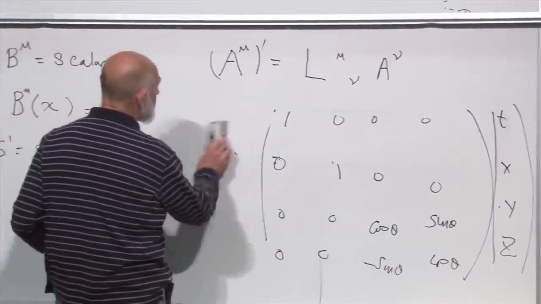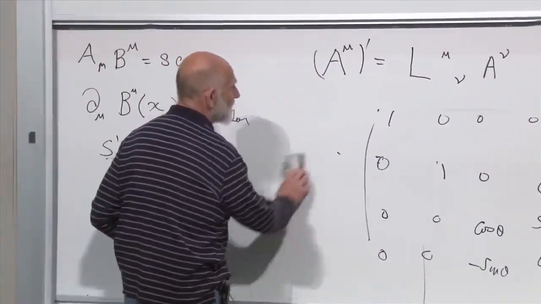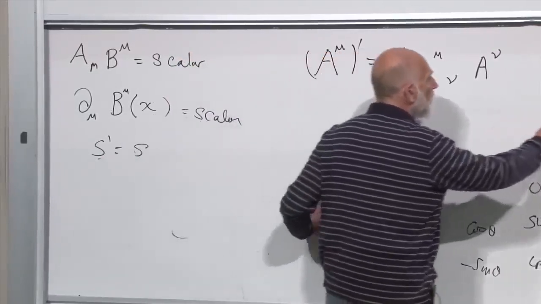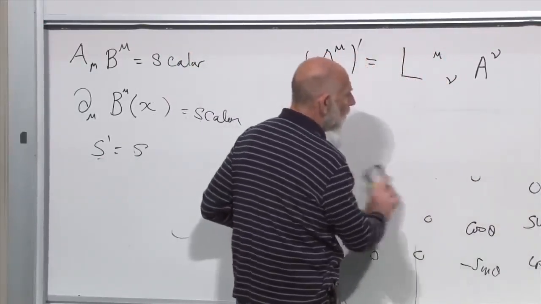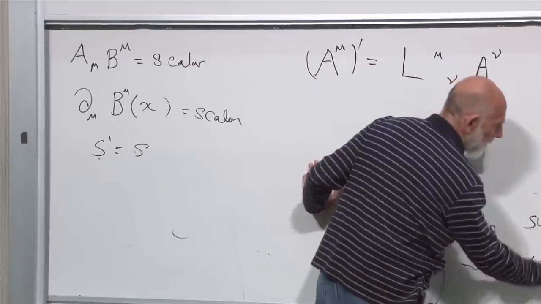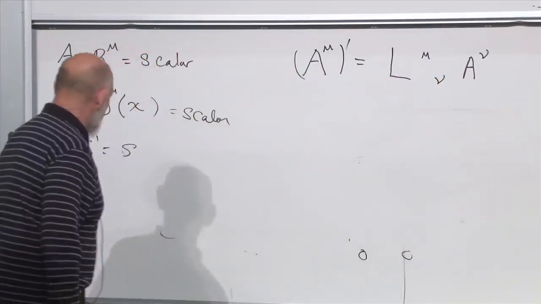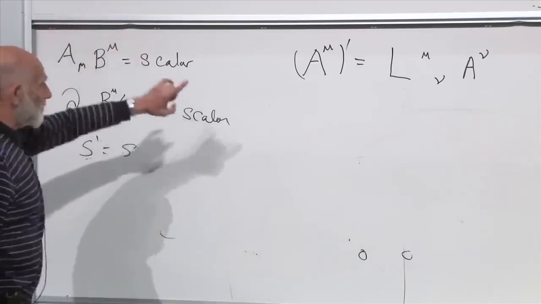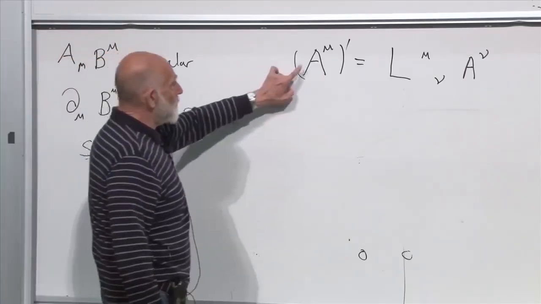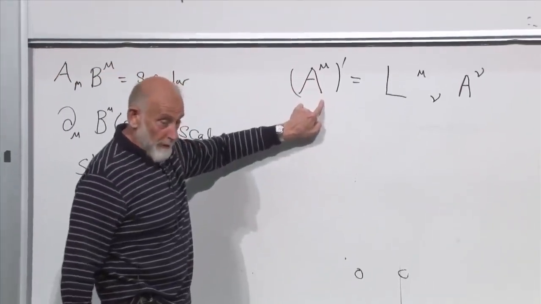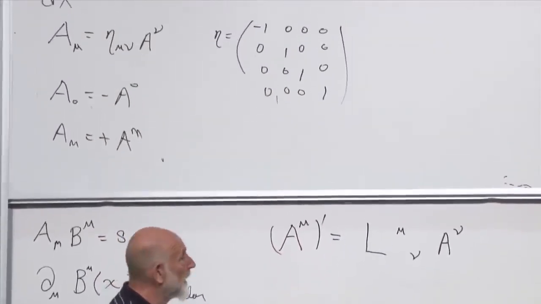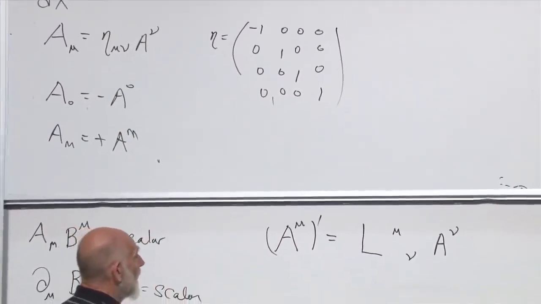All right, so this is the transformation property of a 4-vector with contravariant index. I'm going to leave it to you to compute the transformation property of a 4-vector with a lower index. I'm going to tell you the answer, and I'll let you work it out.